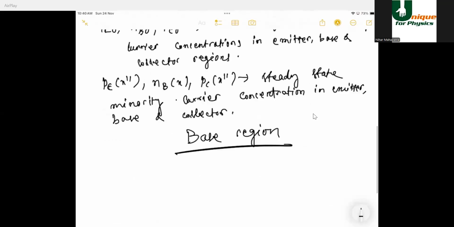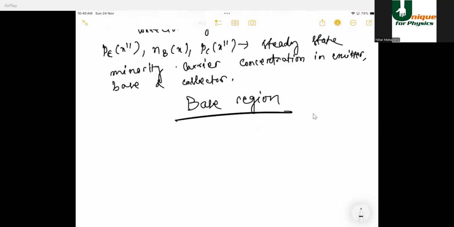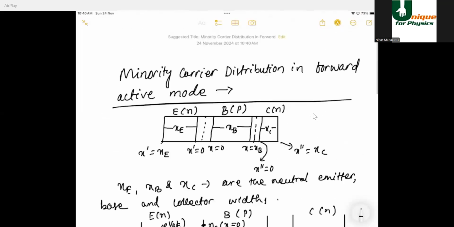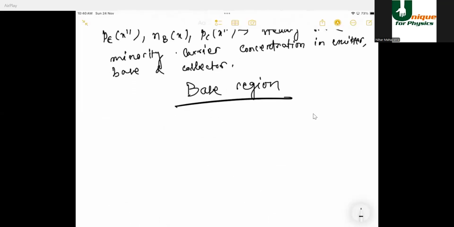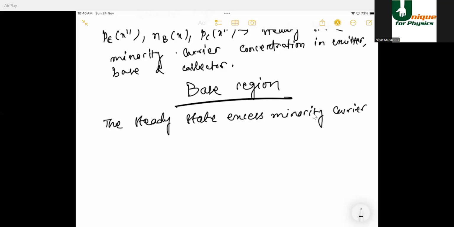Okay, so if you have revisited the minority carrier distribution in p-n junction, I'm going to use the same equation that we have derived there. So for the base region, we have derived the steady state excess minority carrier electron concentration equation.